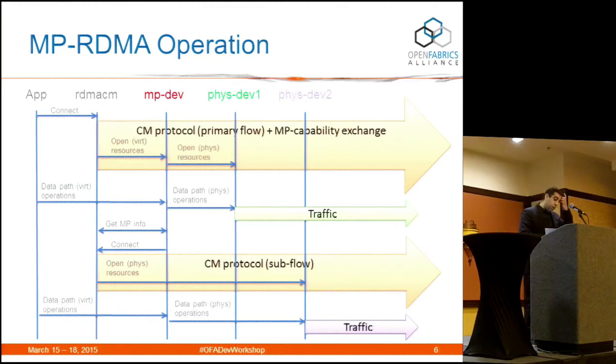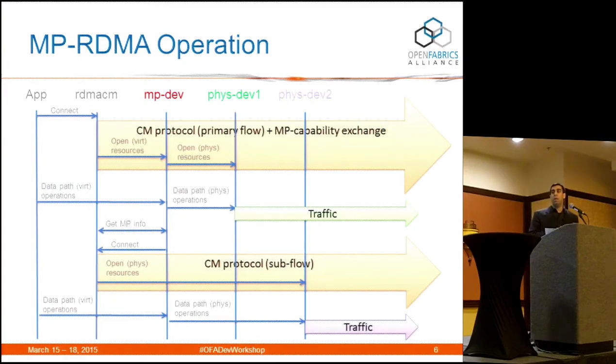Let's talk about how the flows are being created. What we are seeing in this ladder diagram is an application that initiates a connection via RDMA CM. It can also be done in other ways. It talks with our MP-RDMA device, and our MP-RDMA device states that the initial flow will be created using physical dev 1. Again, it's an abstract RDMA device. It can even be soft Rocky.